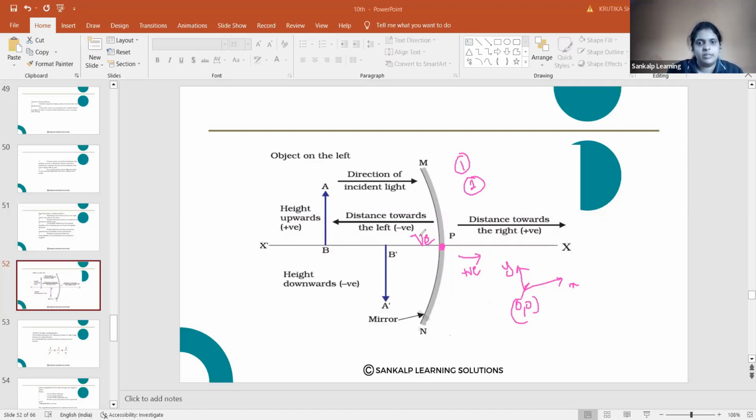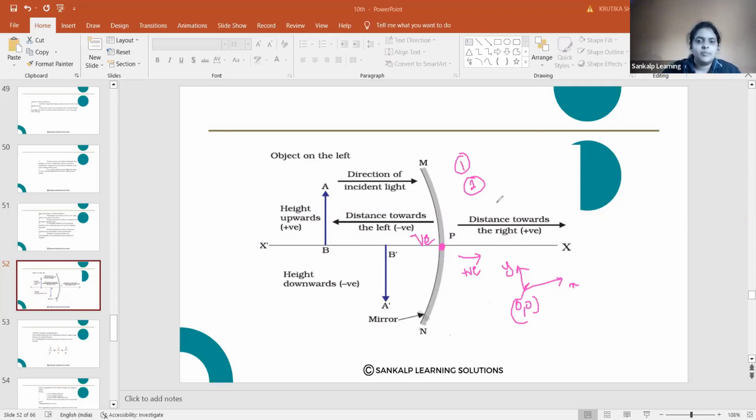So when the object is to the left of the mirror, we take the object distance as negative. The distance between the mirror and the object is called the object distance, and it is measured as negative. Yes, so this is the second sign convention: the right side measurements are positive and the left side measurements are negative.